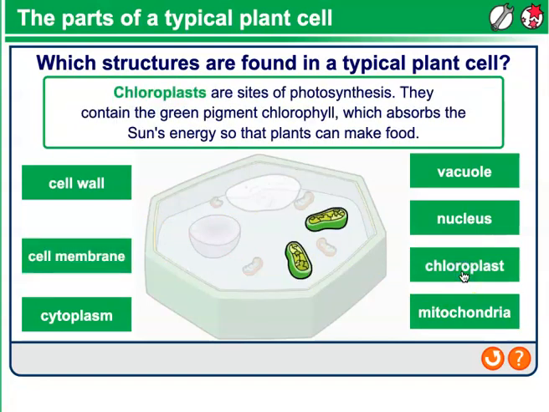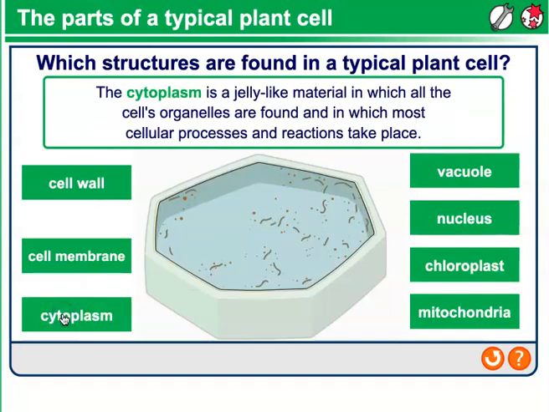The chloroplasts are the sites of photosynthesis. They contain the green pigment chlorophyll, which absorbs the sun's energy so that plants can make food. And recall that the food that plants make is called glucose. The cytoplasm is the jelly-like material in which all the cell's organelles are found, and in which most cellular processes and reactions take place.